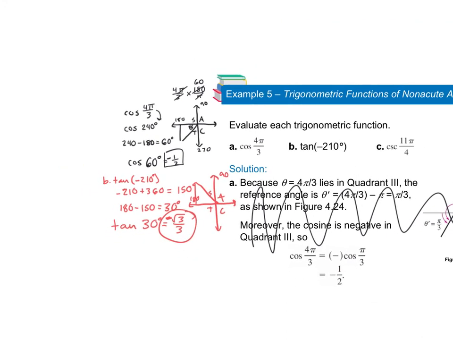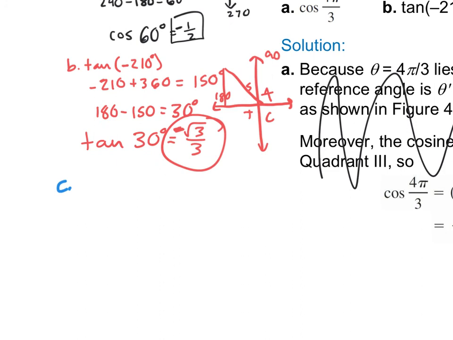All right, and lastly, we need to find cosecant of 11 pi over 4. So first thing we want to do is convert this to degrees just so we can see it a little bit better.